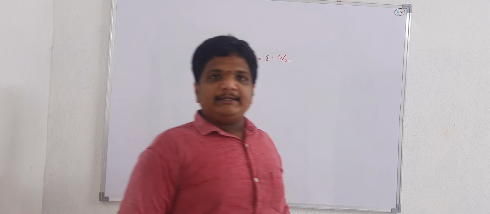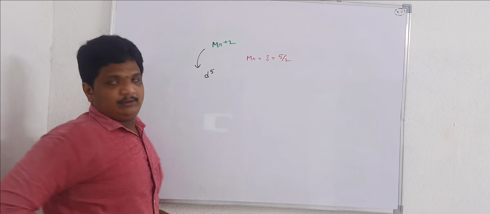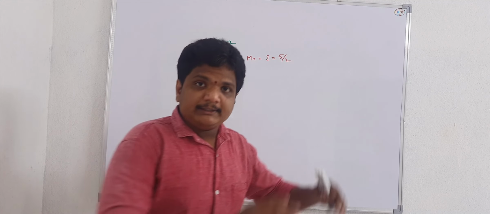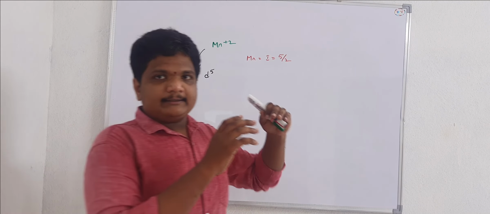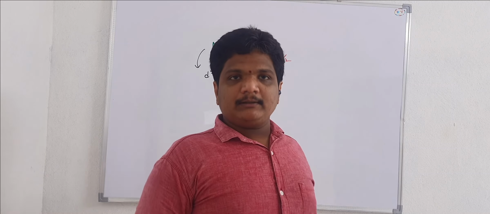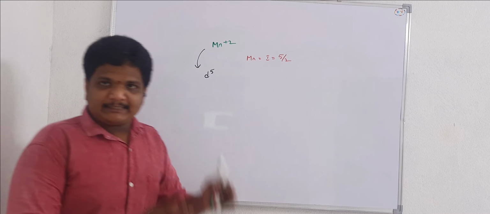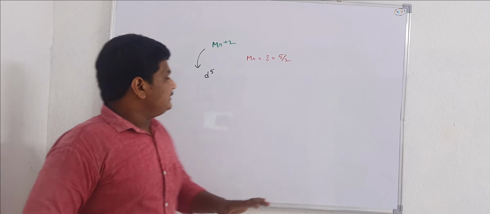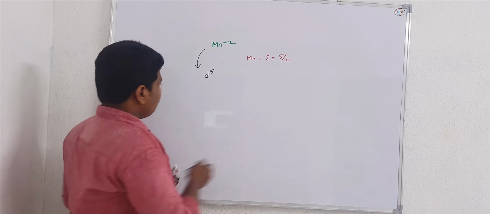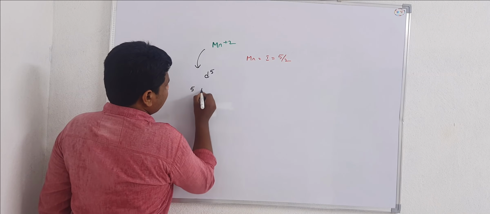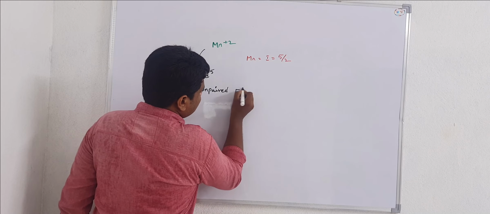Now these 5 electrons are unpaired electrons because this Mn+2 is in the high spin state. So it is a high spin complex, and since it is a high spin complex, these 5 electrons are unpaired electrons. So here you can observe 5 unpaired electrons.